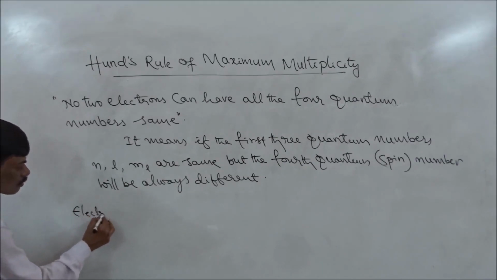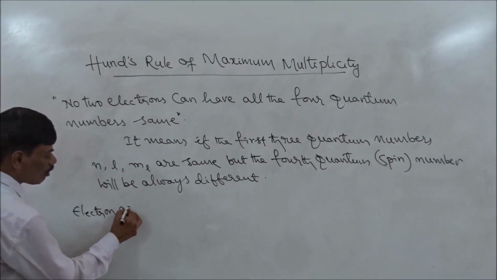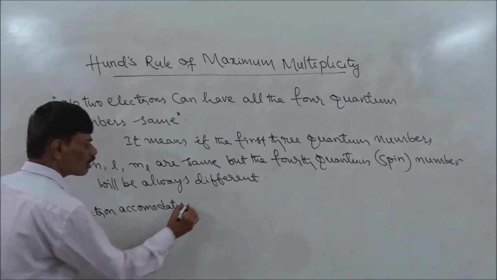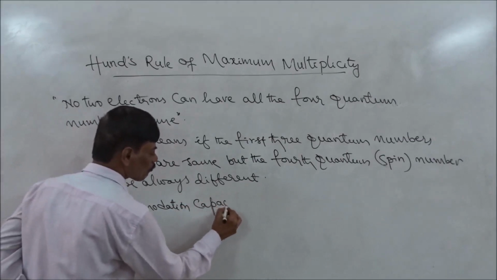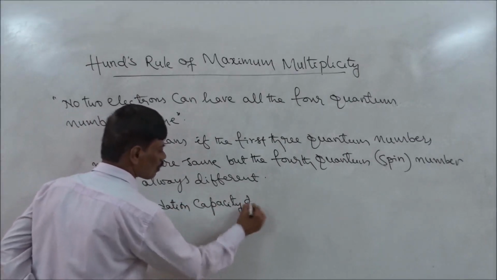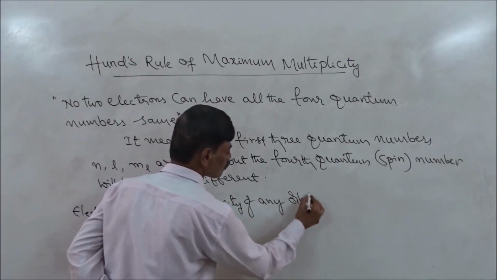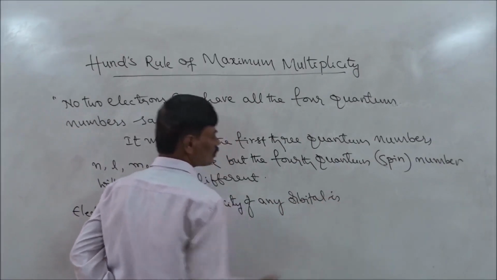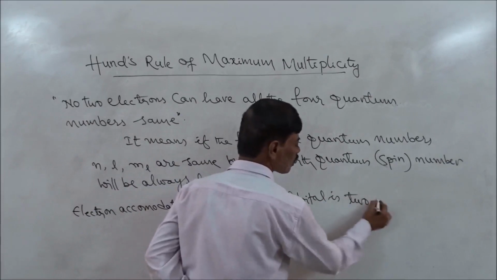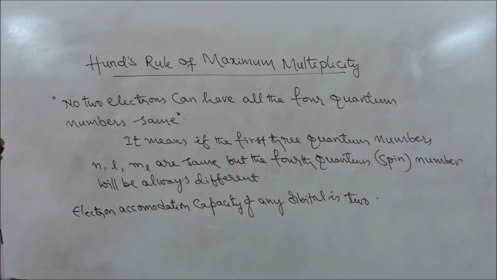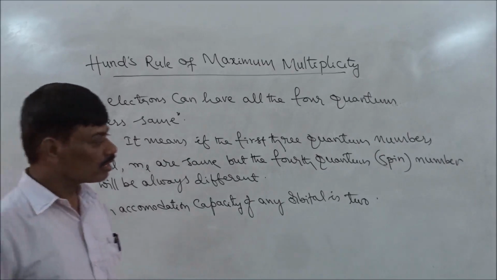Electron accommodation capacity of any orbital is 2. It means it cannot accommodate more than 2 electrons, but it can be less than 2.